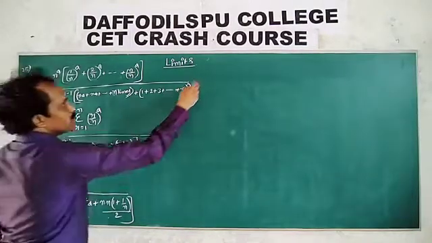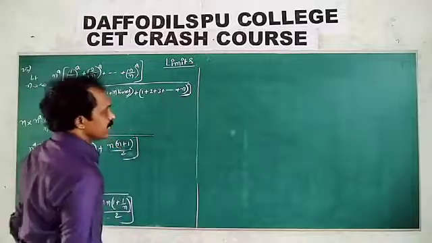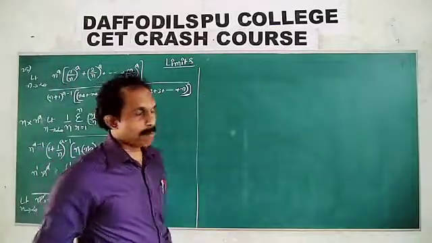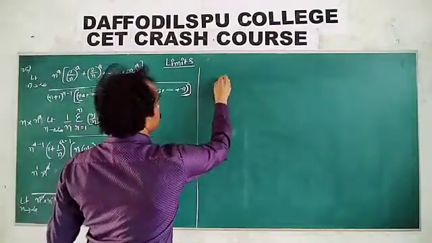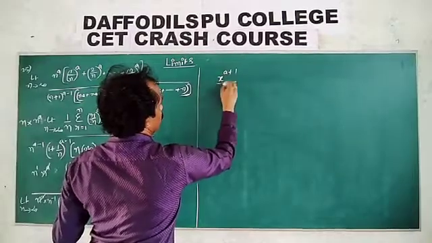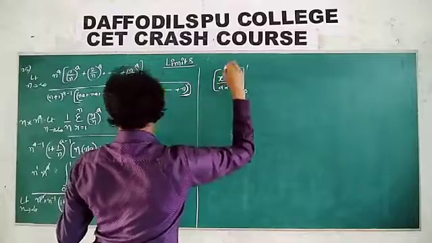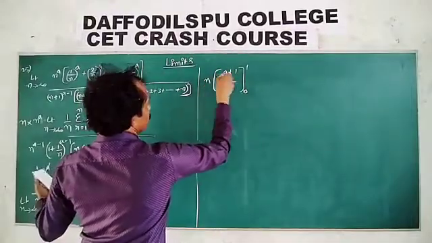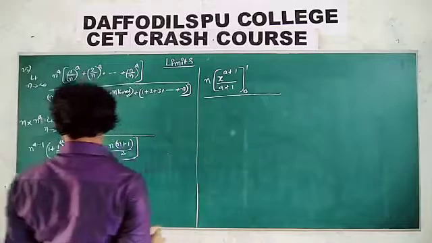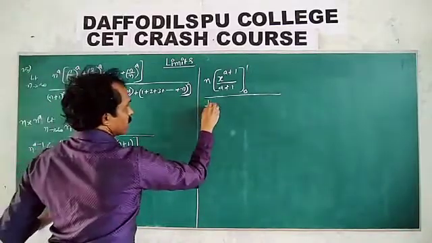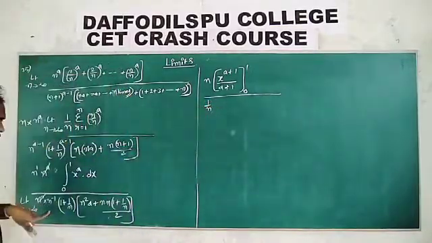What is the integration of x^a? It is x to the power of a plus 1, so x^(a+1) by a plus 1, with lower limit 0 and upper limit 1. Here one more n is there, divided by 1 by n. This n^(-1) can be written as 1 by n.